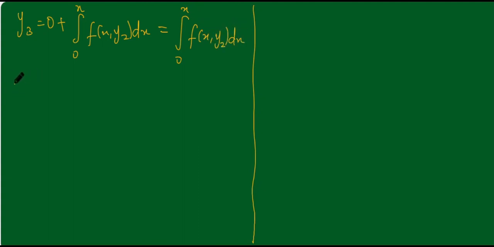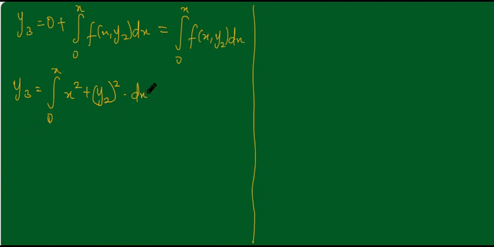So let's substitute. Our y3 now becomes the integral between 0 and x of x squared plus y2 squared. Remember, we are substituting y2 for y with respect to x.